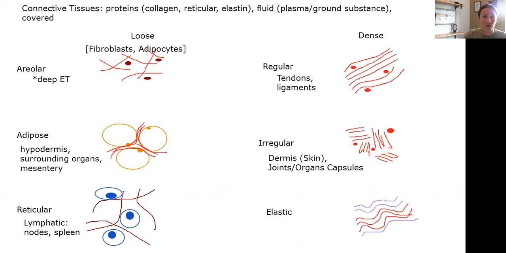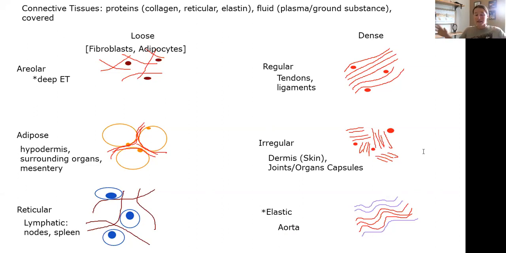So places like your aorta have a layer of elastic connective tissue within them, because every time your heart beats, that aorta stretches out to accept more blood from your left ventricle and then recoils again between your cardiac cycles, or between your heartbeats. Okay, so again, this elastic connective tissue is not going to be on your lab, but I do want you to be aware that that is a thing.